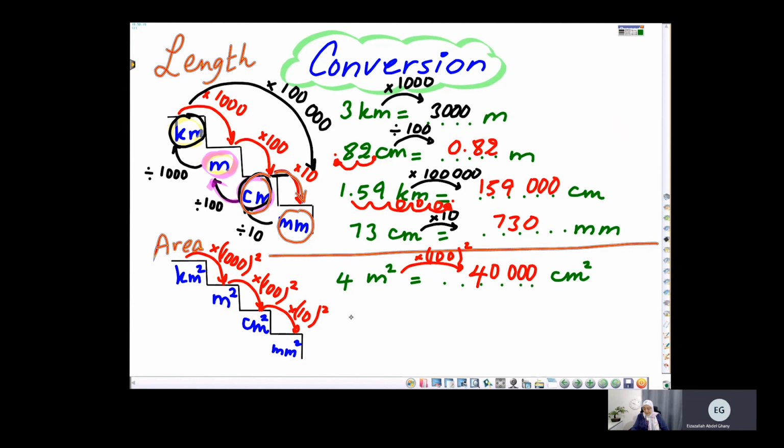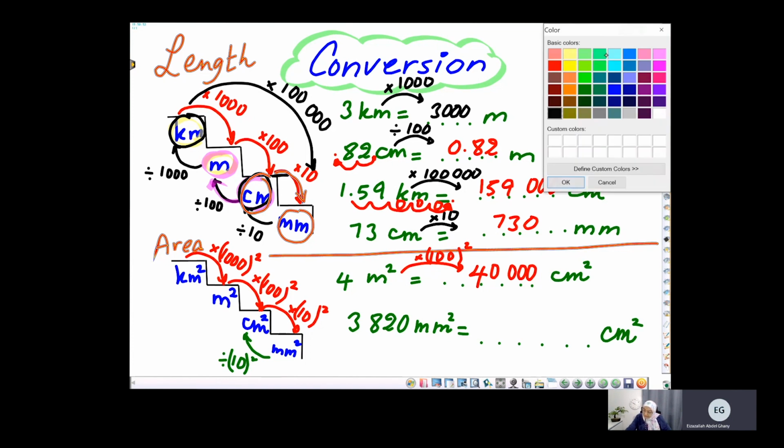If you have 3,820 millimeter squared and we want to convert it to centimeter squared, so you have to think big to small multiply and small to big divided by. From millimeter squared to centimeter squared, you are going up the stairs from smaller to bigger, so you have to divide it by 10 but squared.